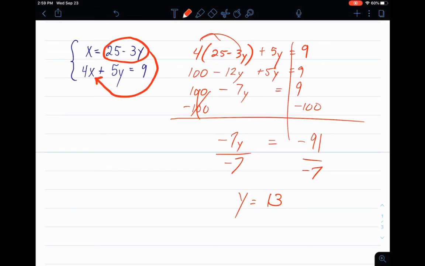How do I get the other number? Plug it in. Does it matter which equation I plug it into? Not really. But the top one would be easier, right? What's 3 times 13?